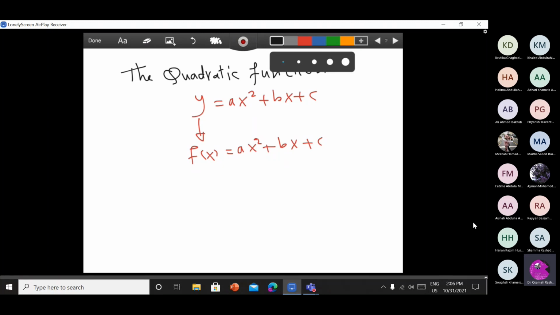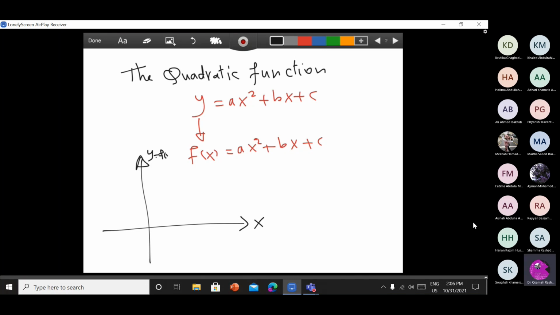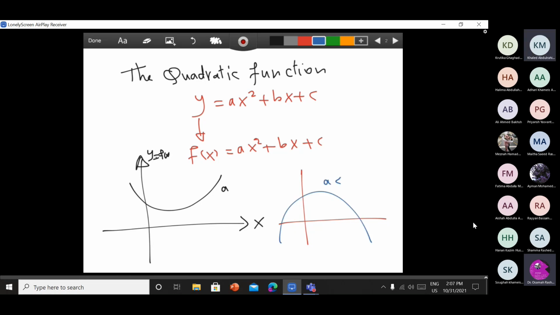When you graph it in the xy coordinates, or rectangular coordinates, you will have a parabola like that if a is positive, and like this if a is negative.